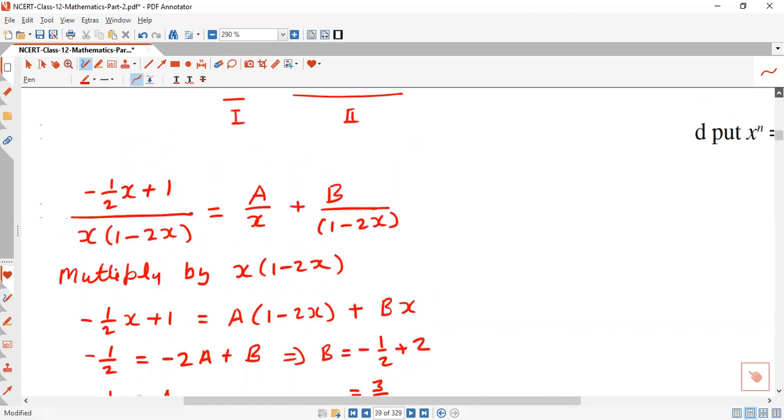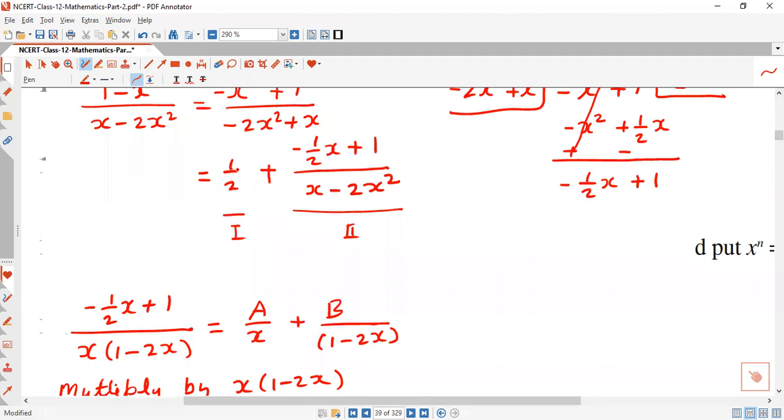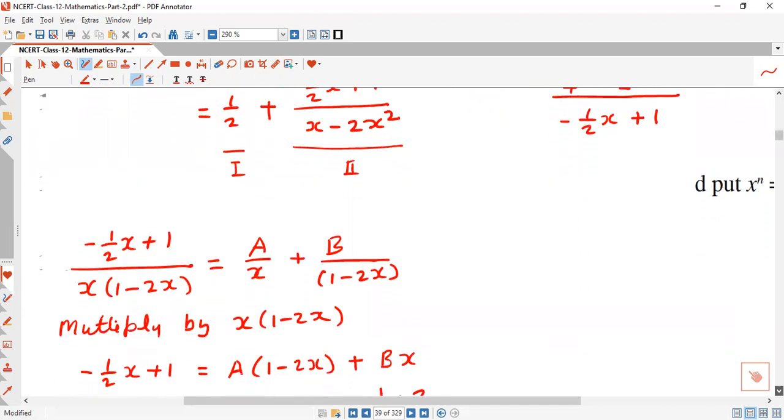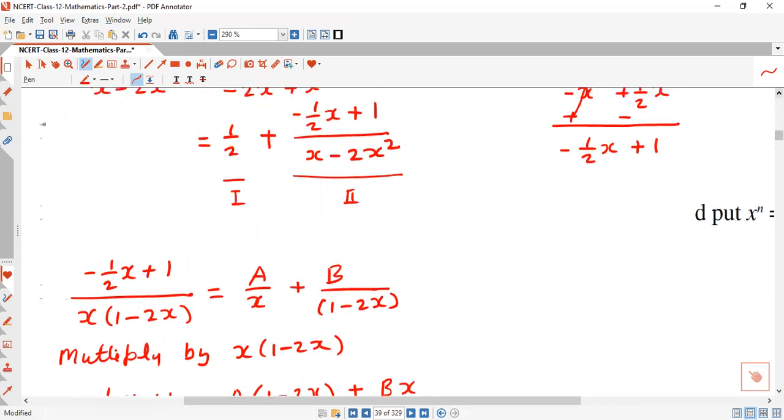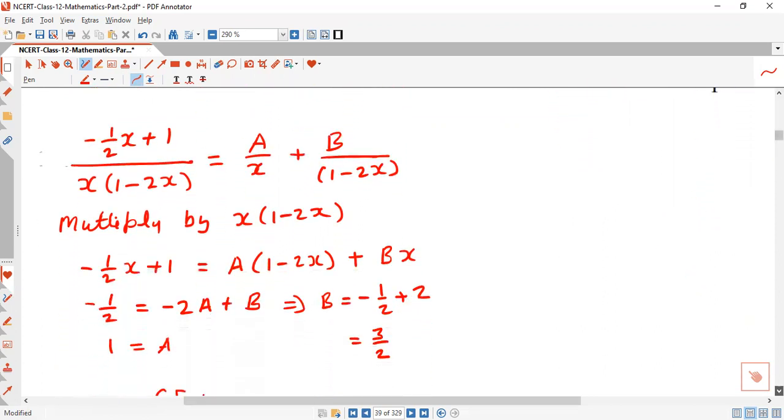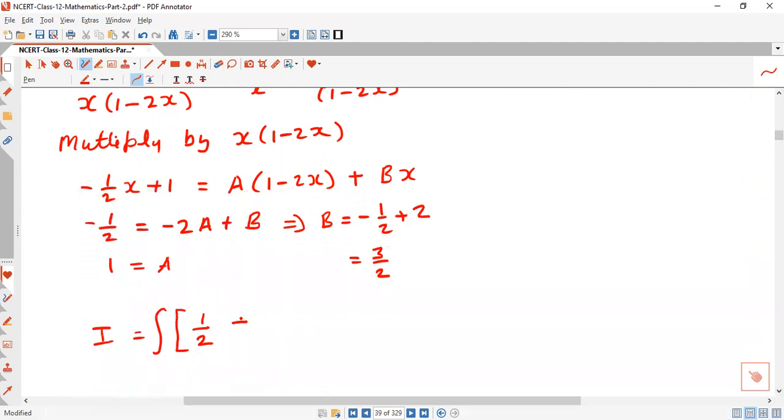So the integrand I becomes, integration of half, the first part, plus the second part, a upon x, 1 upon x, plus b equal to 3 by 2, 3 by 2 into 1 upon 1 minus 2x, bracket close, dx.